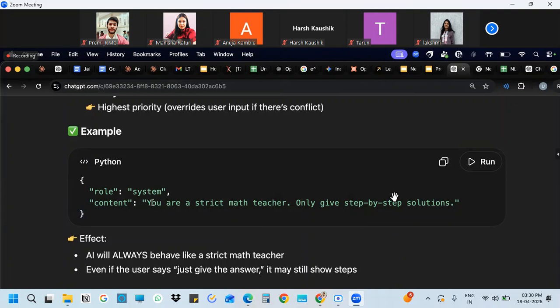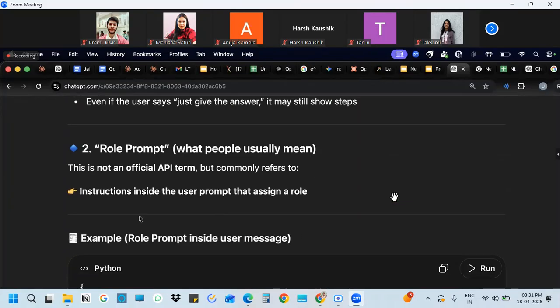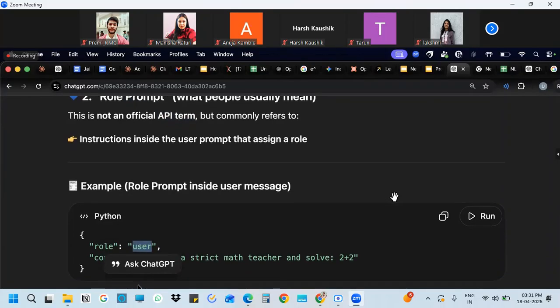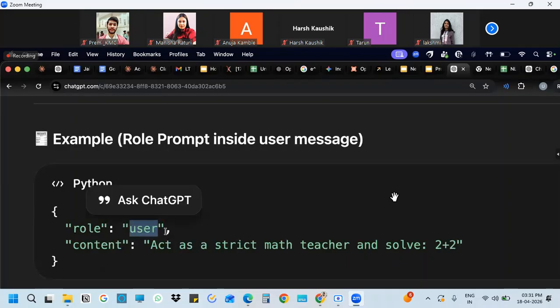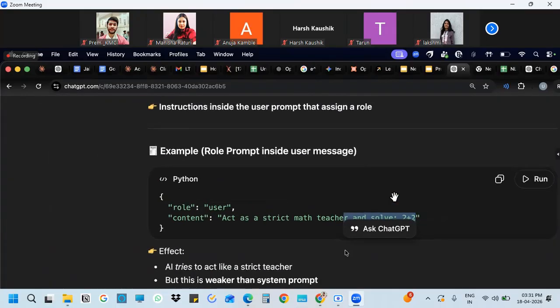Basically, we write this code: you are a strict math teacher, only give step-by-step solution. What does the new documentation say? Role prompt is not an API term, but we include it in user itself. So you have role, user, and the role is written here itself: act as a strict math teacher, solve some task, whatever task it is.